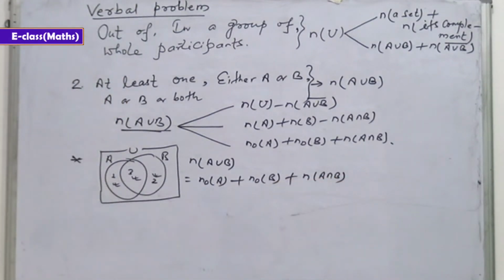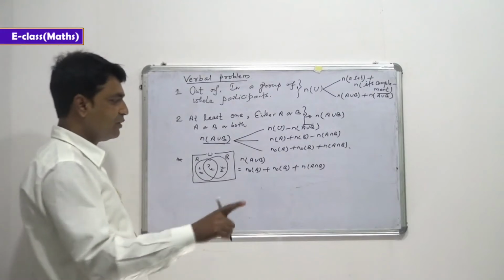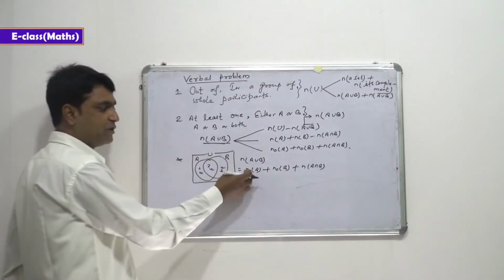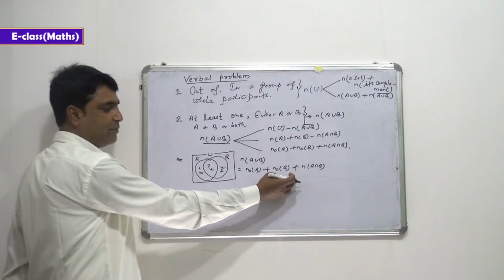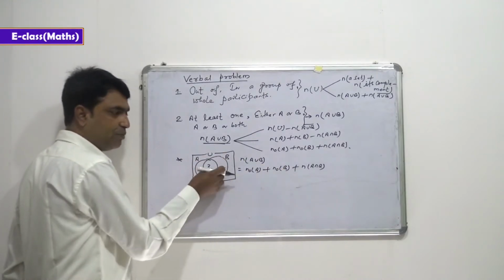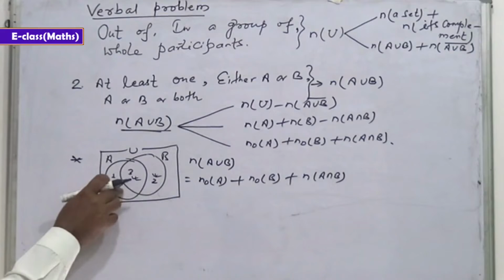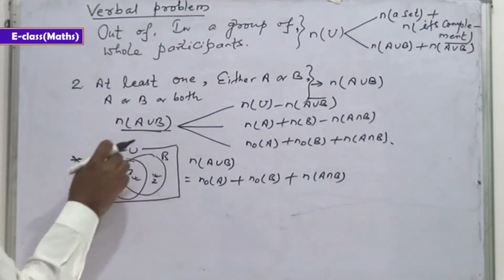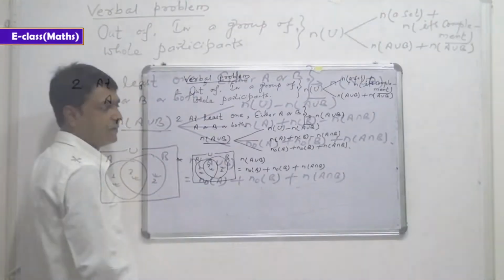I hope you have understood it. भाइ बहिनीहरु हेर्नुस्, A union B भनेको के हो? यो पुरै भाग हो. यो 1 नम्बर को भाग, यो 2 नम्बर को भाग र यो 3 नम्बर को. अर्थात् 1 भन्नाले n(only A), 2 भन्नाले n(only B), 3 भन्नाले इंटरसेक्टेड पोर्सन जुन यहाँ छ.